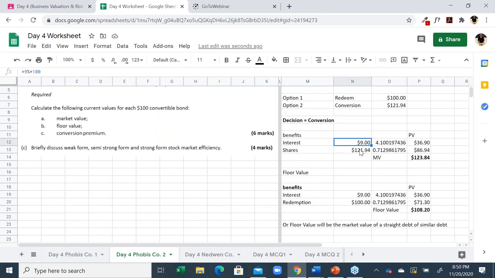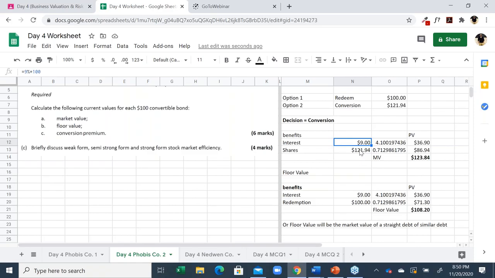And the reason is very simple. If you have two similar type of bonds with the same coupon rate, same term to maturity, same risk level, and one bond is giving you the option of conversion, whereas the other is not giving you the option of the conversion, do you people think that the convertible one will be traded at a lower price than the one that does not have the conversion option?